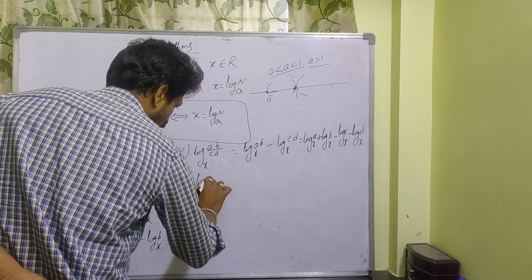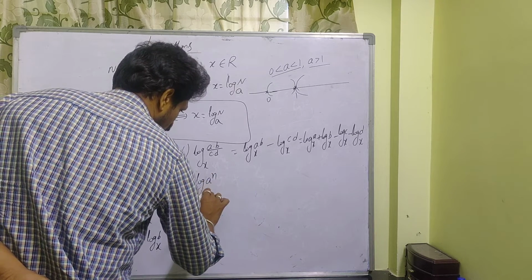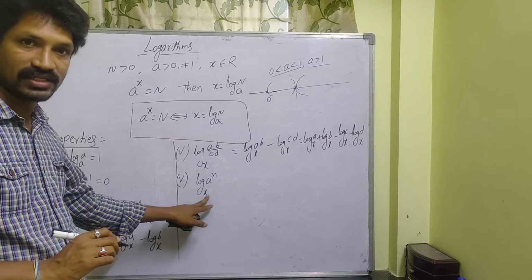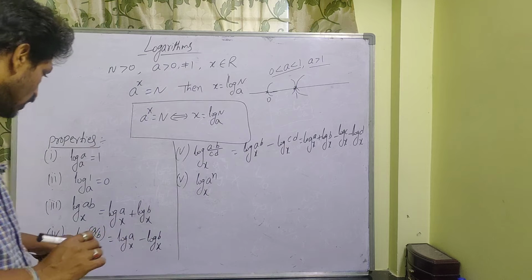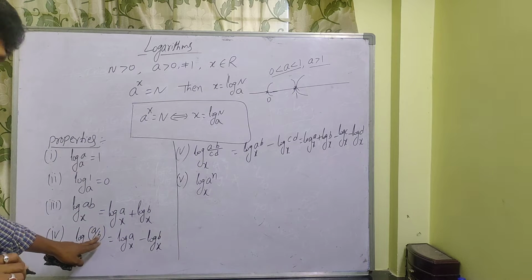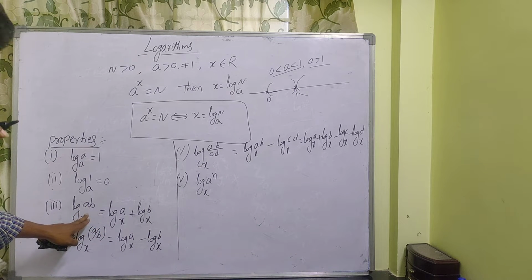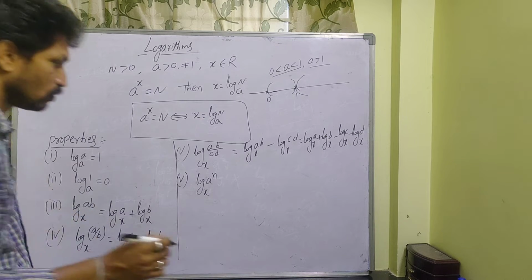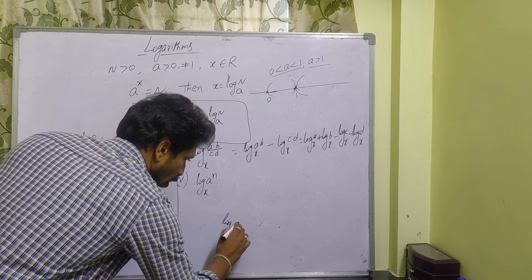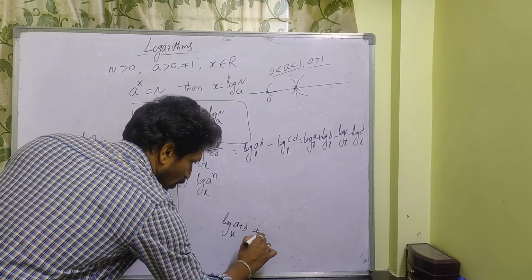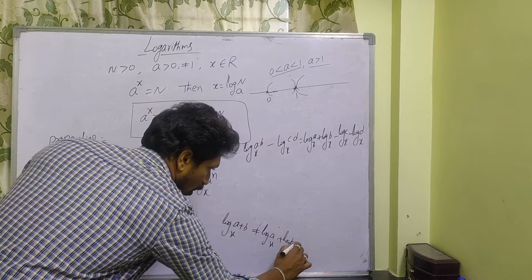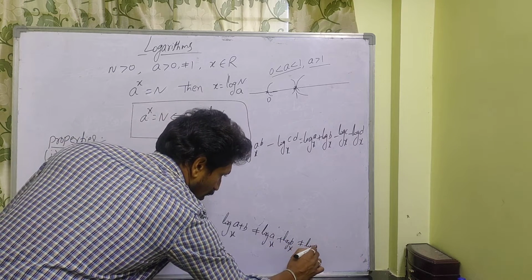Next property is log a power n base x. You just understand here log ab, log a by b is there. So don't expand for log a plus b and log a minus b. We can't expand log a plus b base x; it is not equal to log a to the base x plus log b to the base x, or log ab base x.